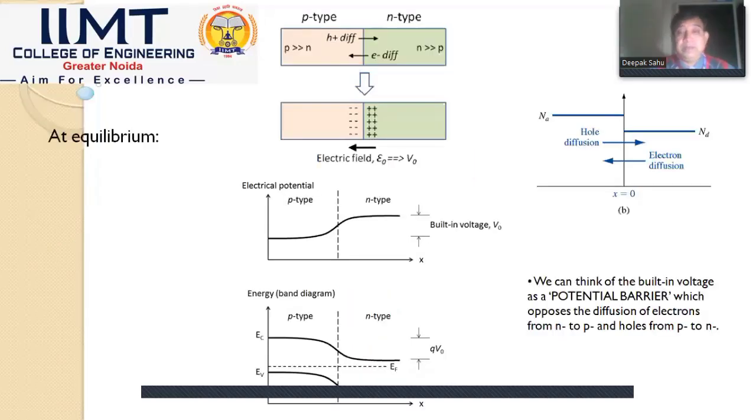Now, at the manufacturing, it is intentionally made so that the doping concentration is a little more on the P side, and the doping concentration is a little less on the N side.